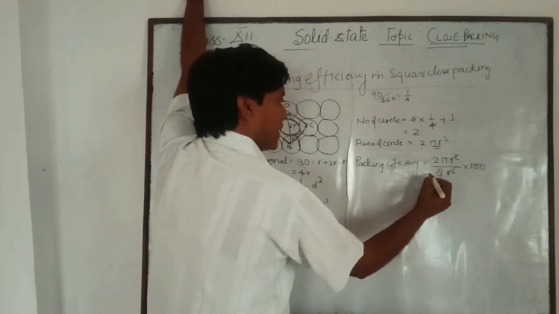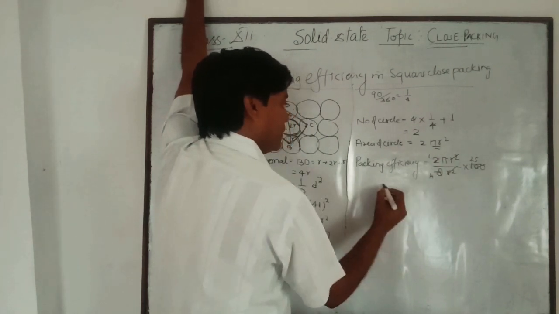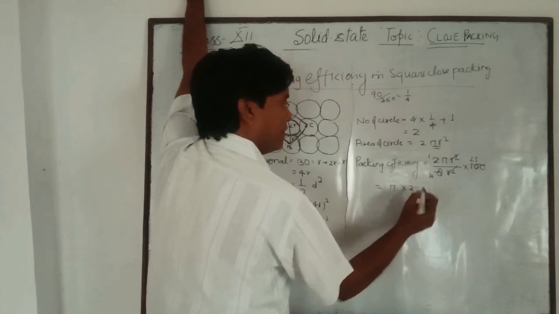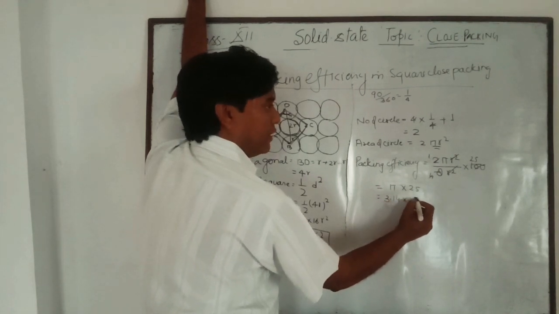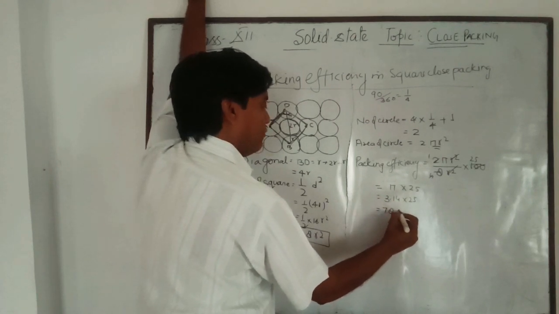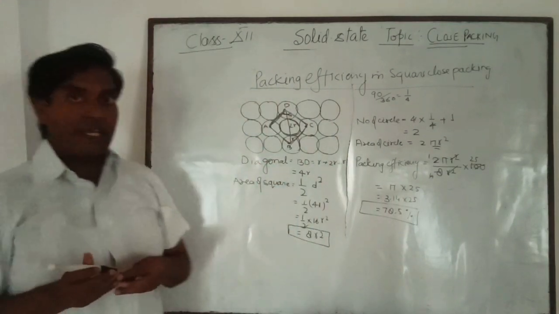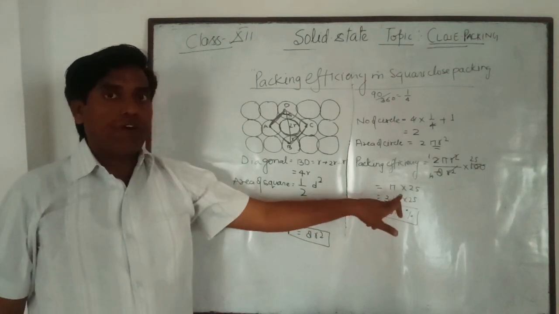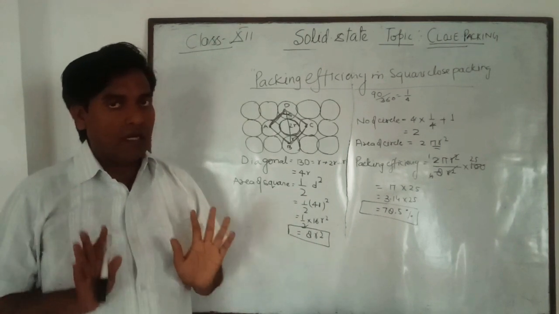These r square cancel out. 2 1s are 2, 2 4s are 8, and that is 25. Now pi into 25, multiplying 3.14 into 25, then approximately 78.5%. It means in a square close packing, constituent particles occupy 78.5% area of the unit cell, and the remaining space remains unoccupied.